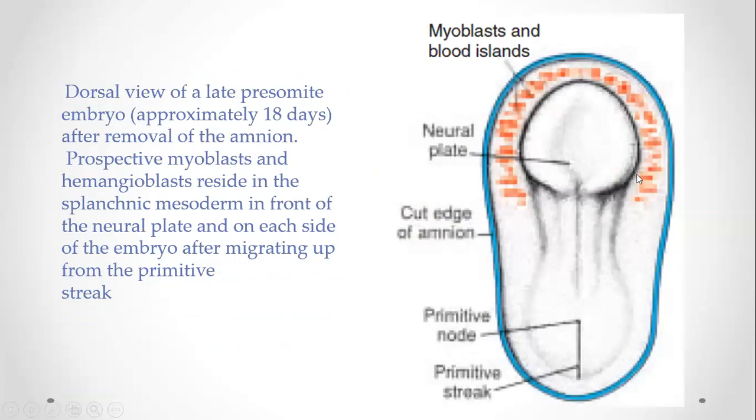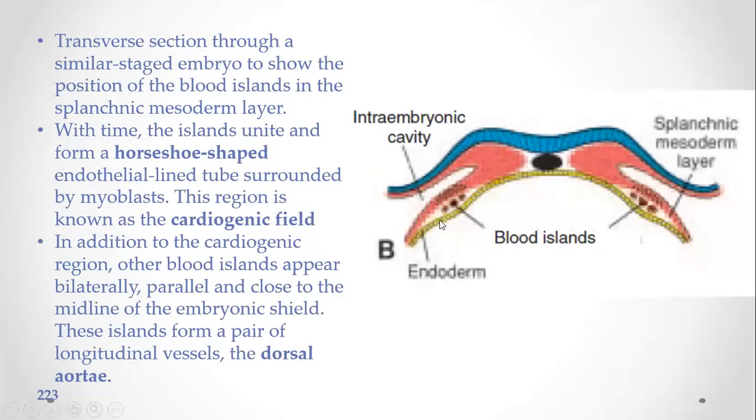If you take a section at this level, this is how it is seen. It is covered by the splanchnic mesoderm. This is the splanchnic mesoderm on either side. This is the intra-embryonic cavity. Below will be the yolk sac, above will be the amnion.